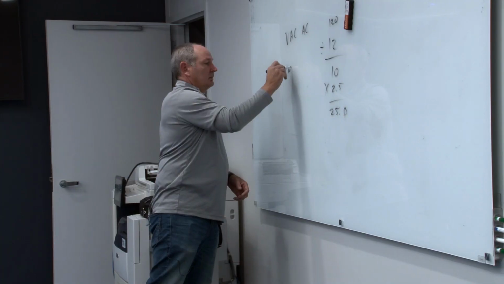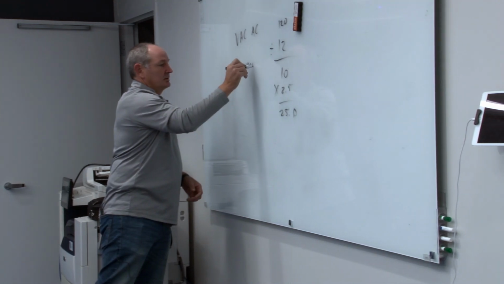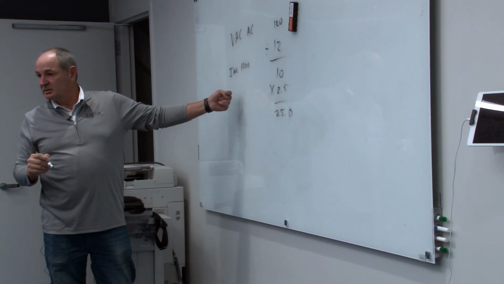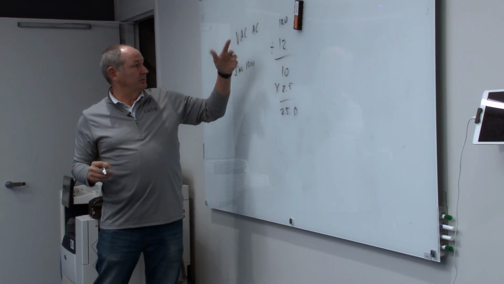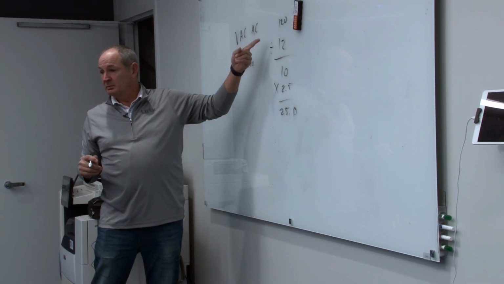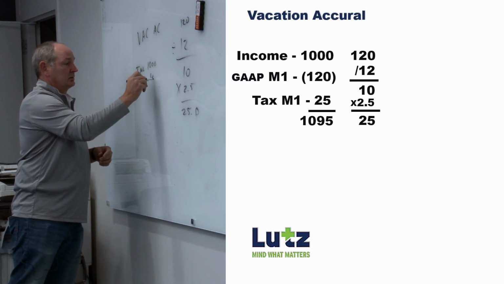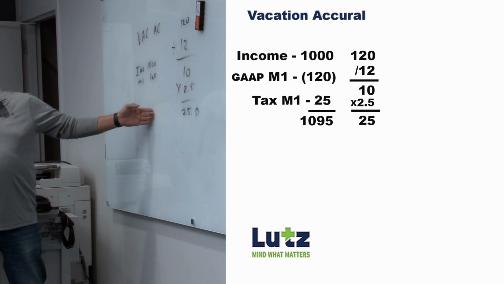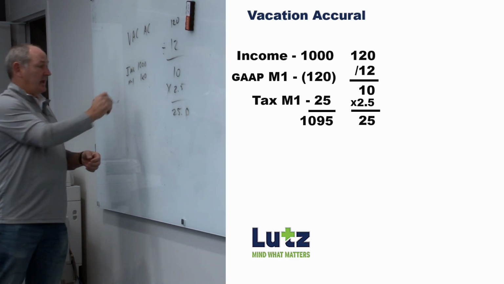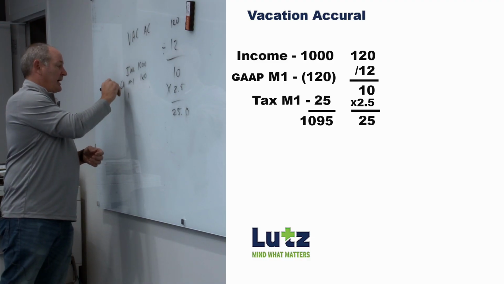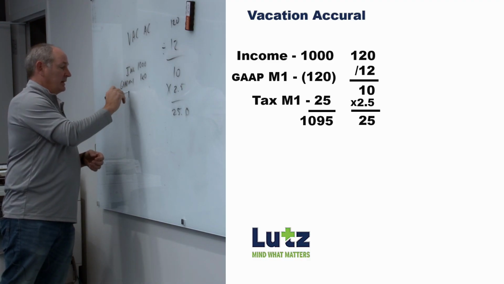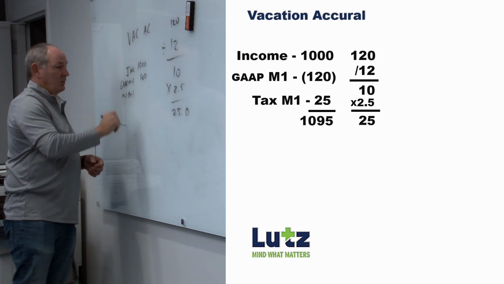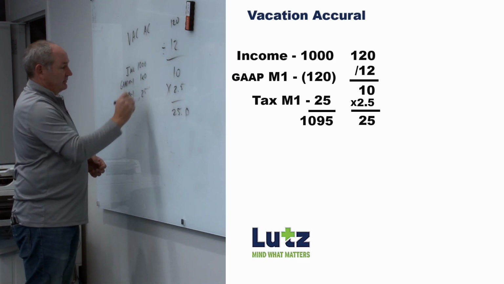That is the amount. So when I have my income of 1,000, I know embedded in that 1,000 is $100 worth of vacation accrual, or 120. So I add back the 120 because I got to back out my GAAP accounting, and then I got to take my tax M1 of 25.